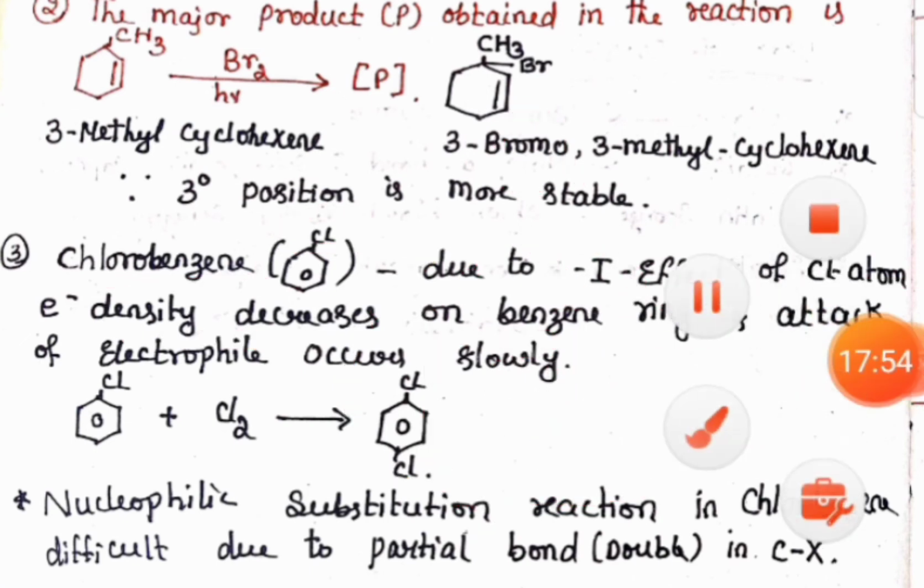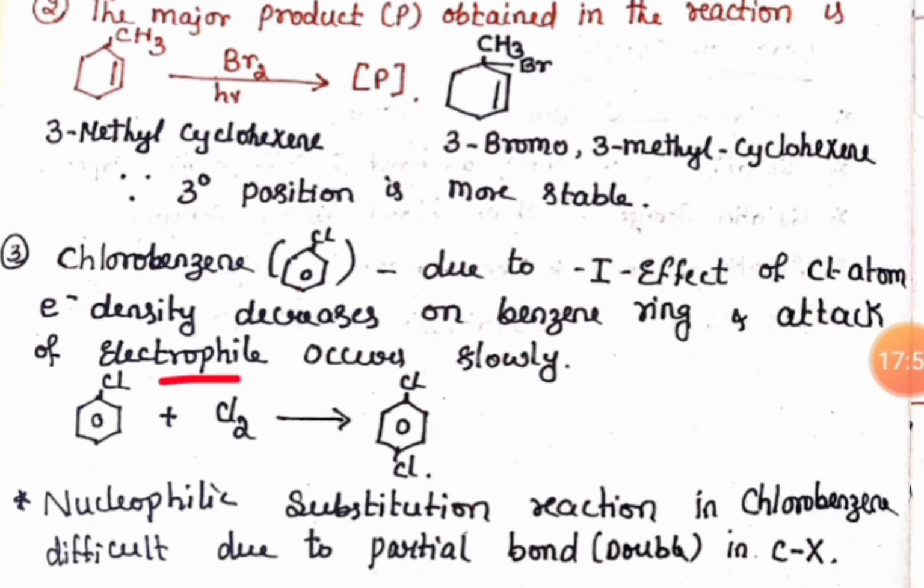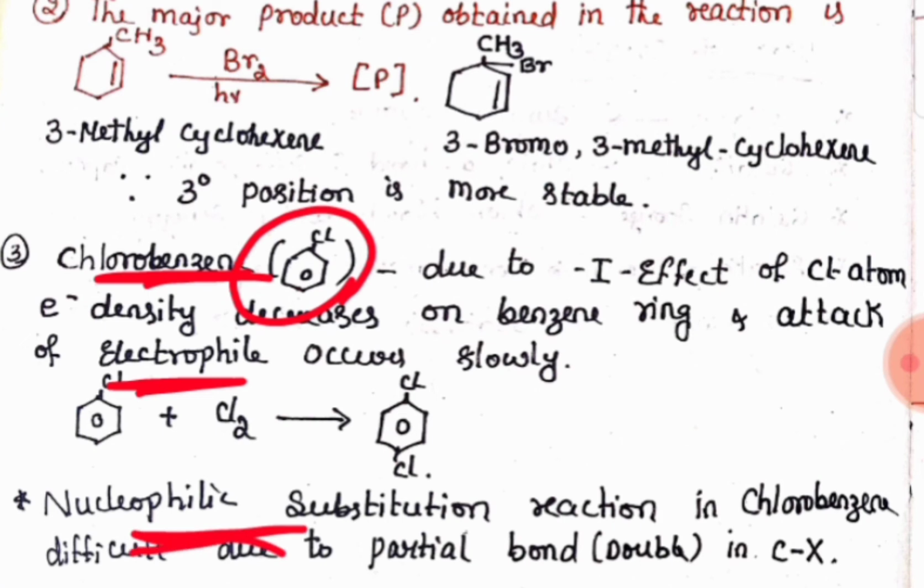Because of that, the electrophile can easily attack, and there will be a formation of para-dichlorobenzene. So what I am trying to say is, chlorobenzene, as it is a haloarene, can easily undergo electrophilic substitution reaction, but chlorobenzene cannot undergo nucleophilic substitution reaction.